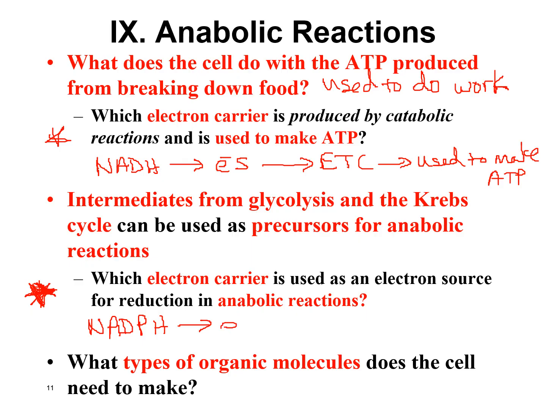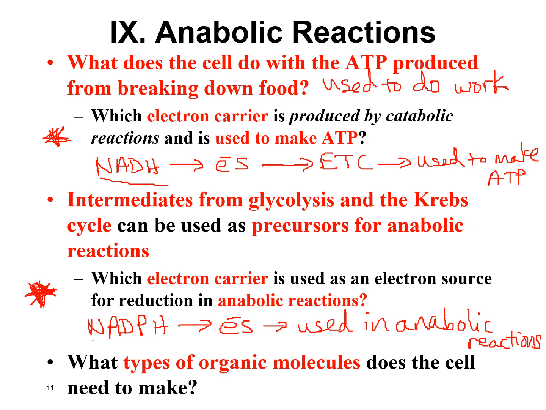So these electrons, instead of being taken to the electron transport chain, are going to be used in anabolic reactions. So I would definitely remember what NADH is used for and what NADPH is used for.